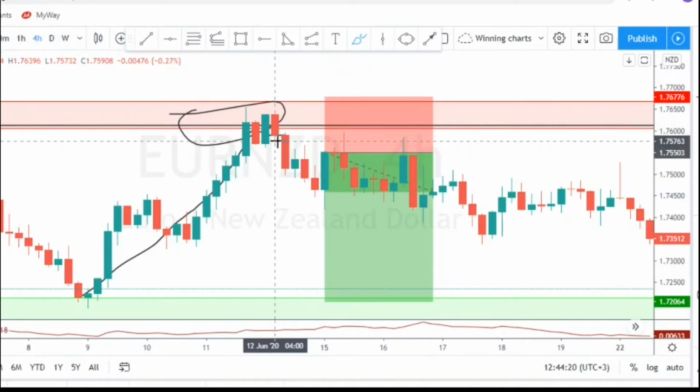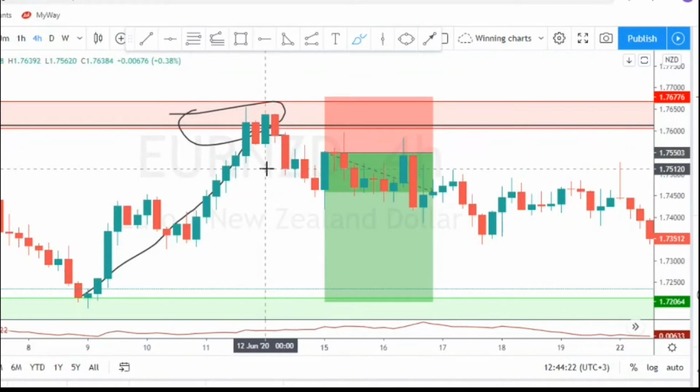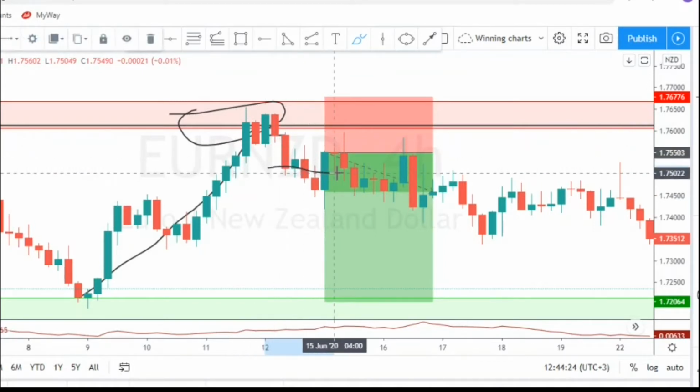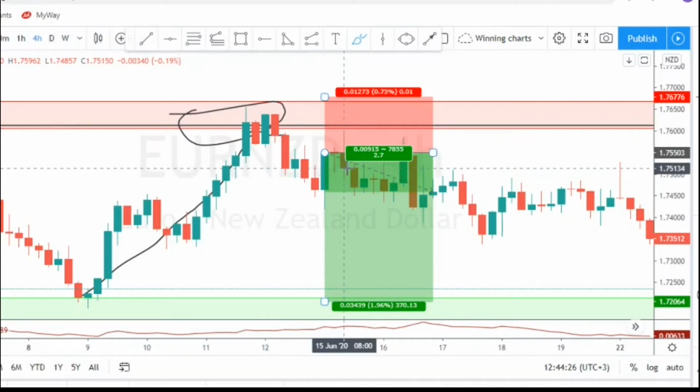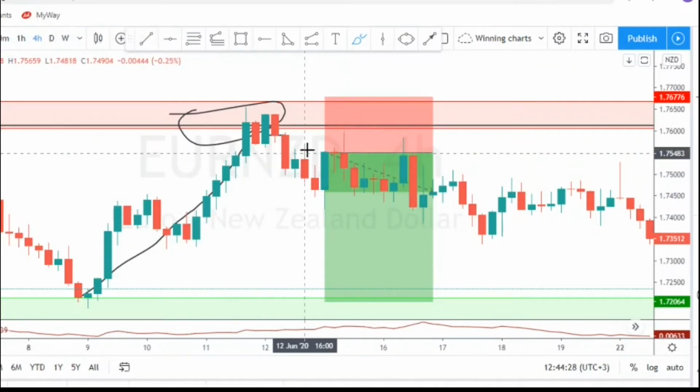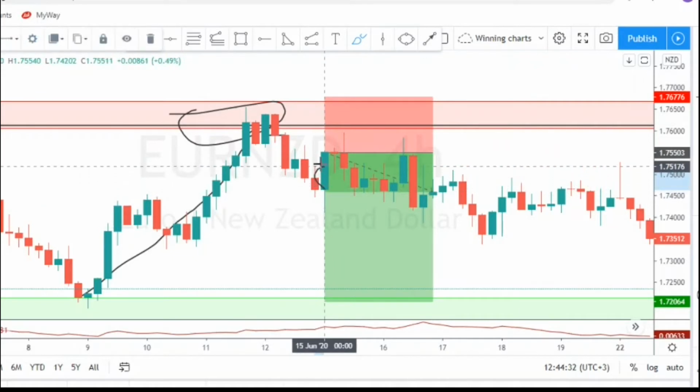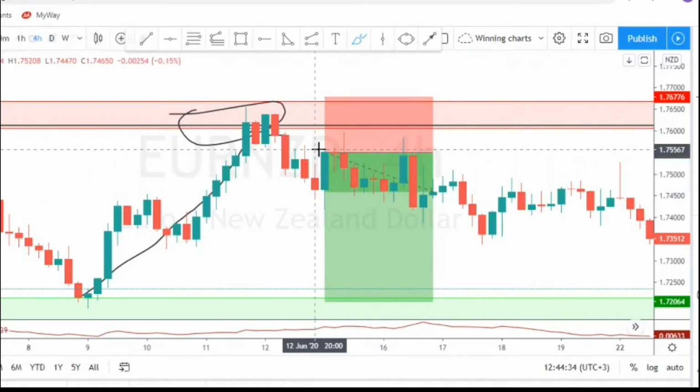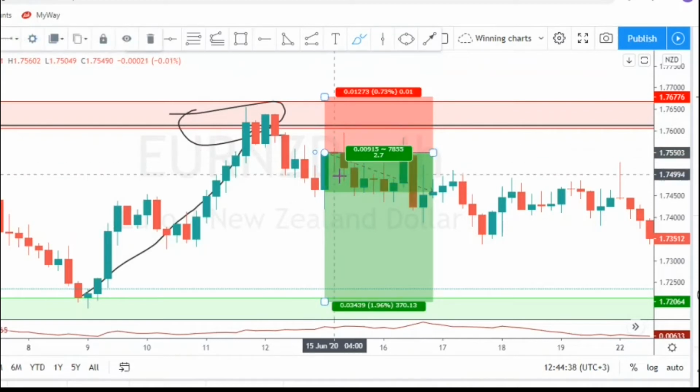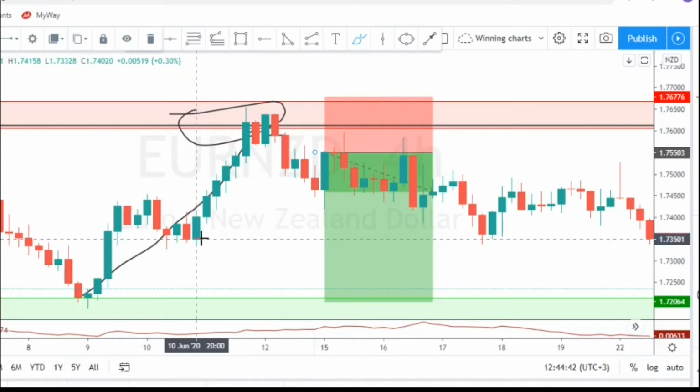Unfortunately, I wasn't at the computer to place my trade at the close of this candle, but by the time I got to the computer, I saw this bullish move to the upside, which is a retracement. So I placed my trade exactly here at the close of this bullish candle.